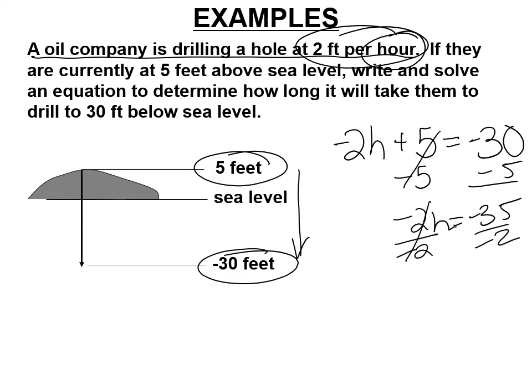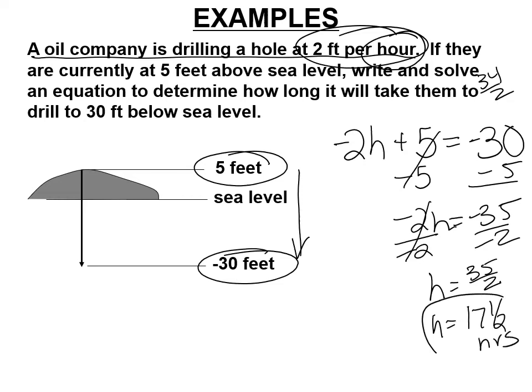You could write 35 halves normally, but 34 halves is 17, so this is 17.5 hours, or 17 hours and 30 minutes. The key is we're drilling down 2 feet per hour, so you have to put a negative there. It's 30 feet below sea level, so that's a negative 30.